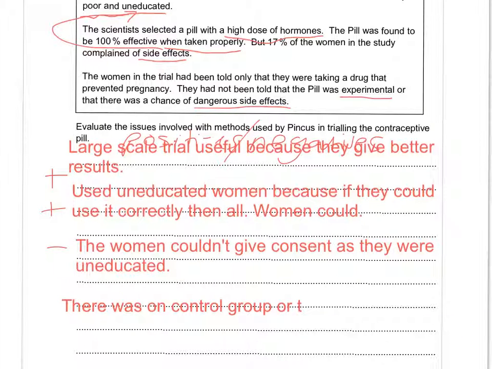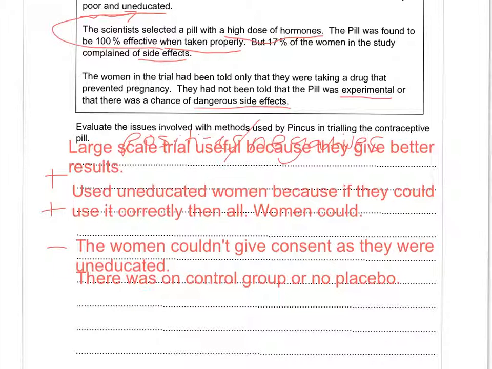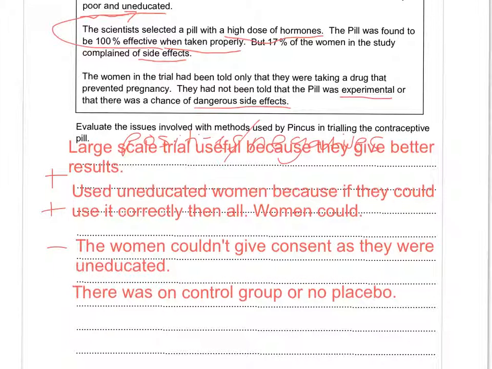Or no placebo would be an easier way to put it. By a placebo we mean a fake drug that doesn't actually contain the chemical being investigated and will have no effect on the body.